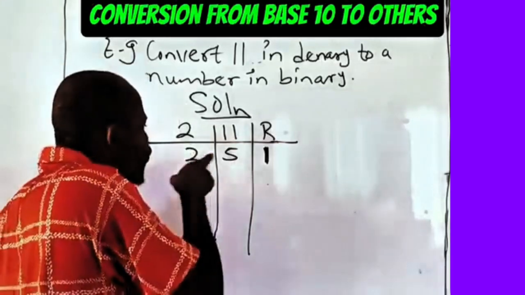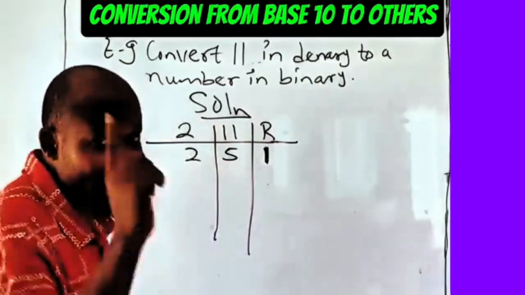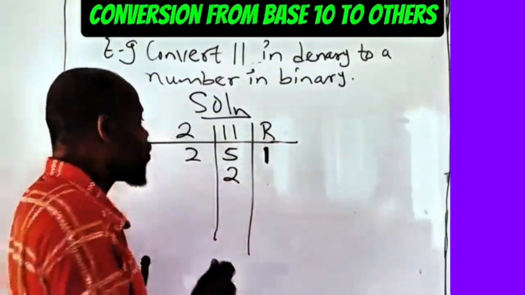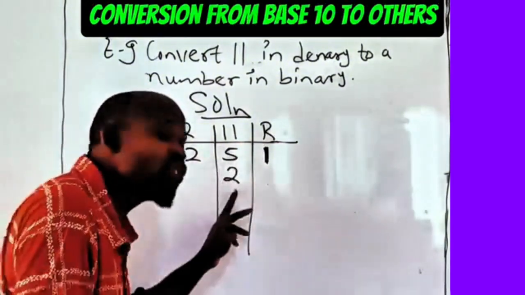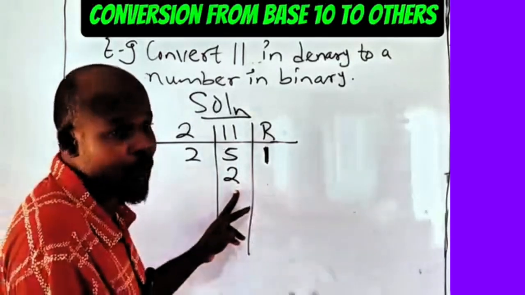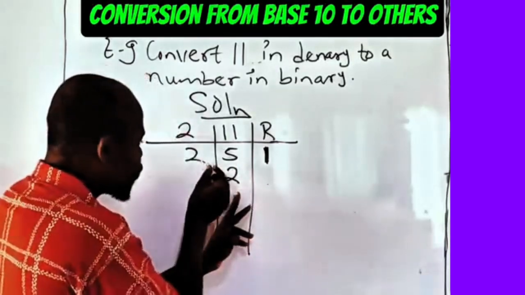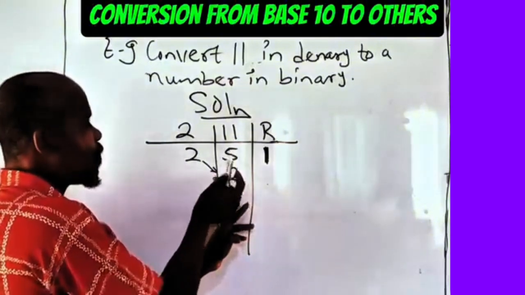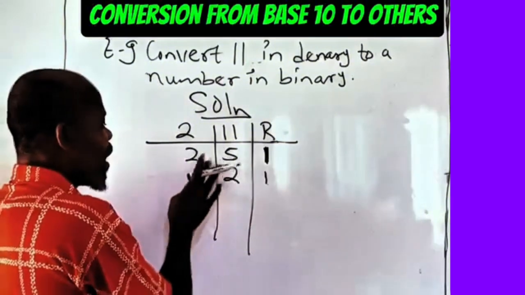How many 2 do we have in 5? Only 2 goes into 5, that is to say 5 divided by 2 is 2 times. How do we know the remainder? I know the remainder is 1, but assume you carry 2 times 2, that gives you 4. The difference between 4 and 5 is still 1. So the remainder is 1.